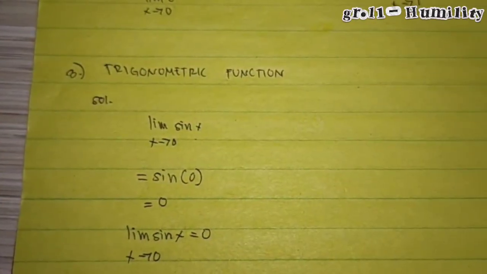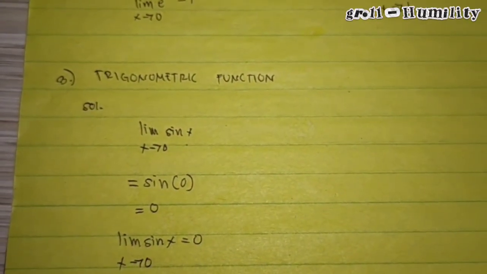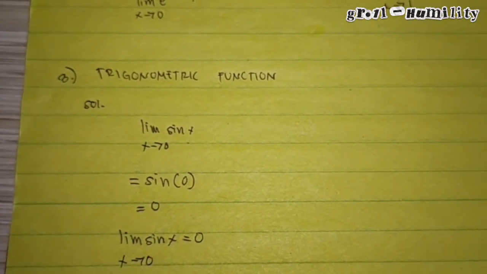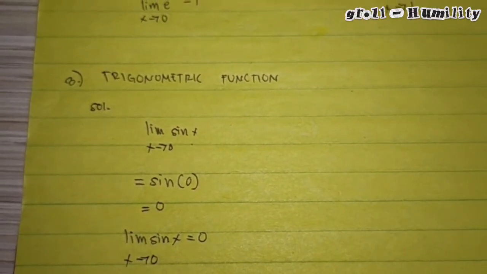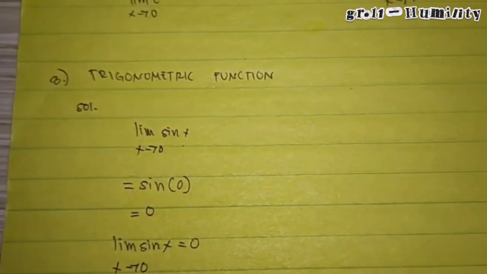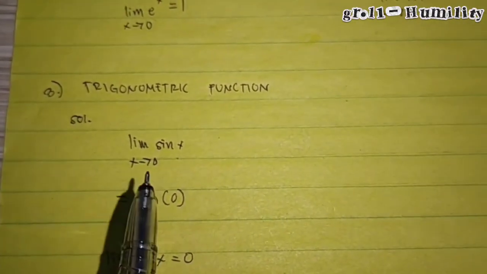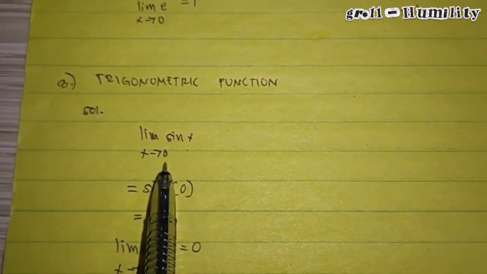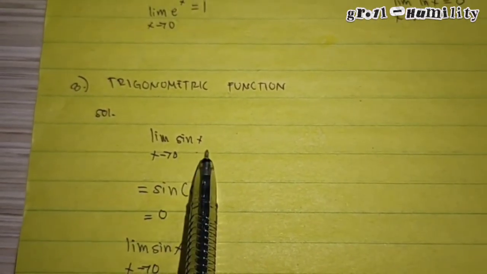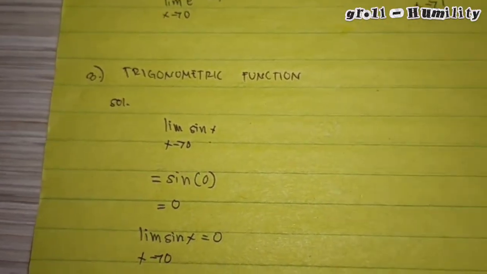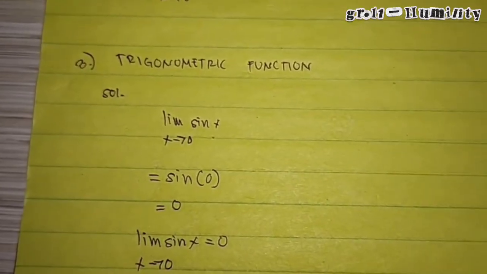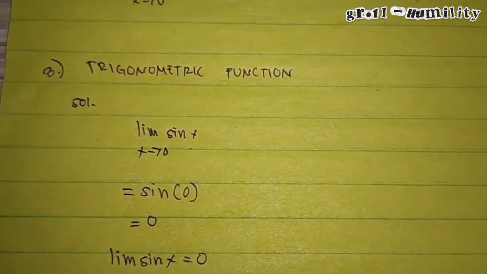Lastly, a trigonometric function involves angles such as sine, cosine, and tangent. In this example, we will use sine. We are given here the limit as x approaches 0 of sine x. Trigonometric functions like sine are continuous, so we again apply direct substitution.